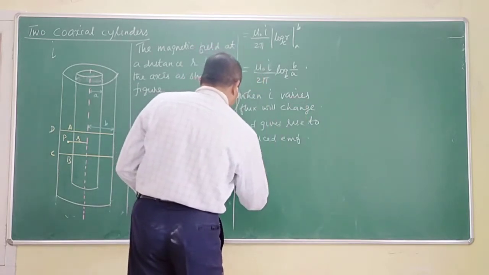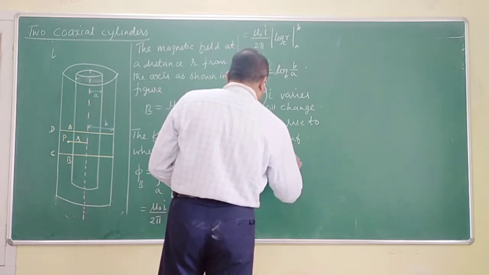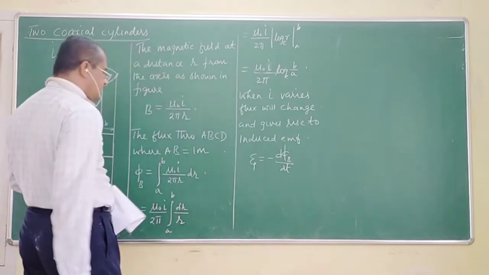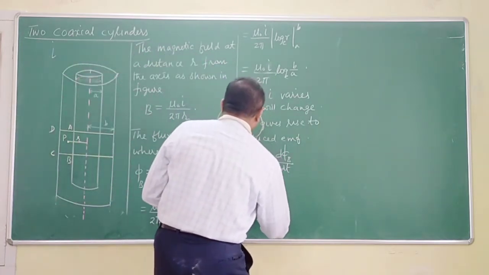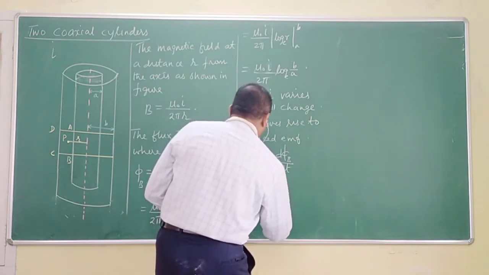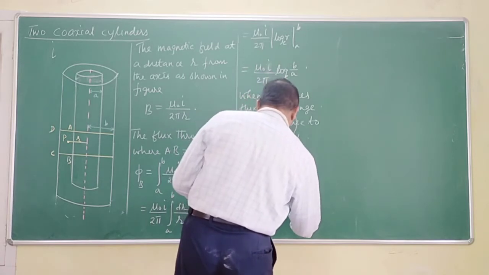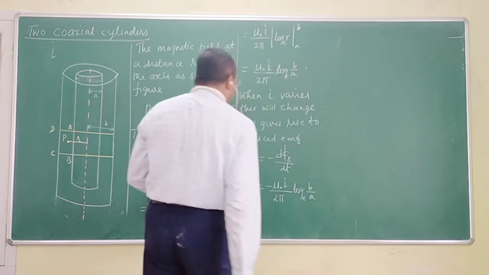I write induced EMF E as equal to minus d phi by dt. Now this is equal to minus mu naught I by 2 pi into log to the base e b by a.